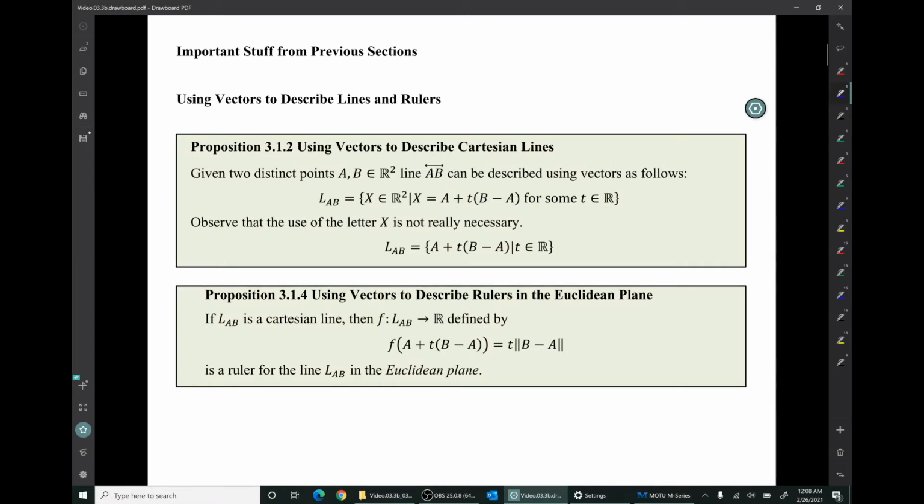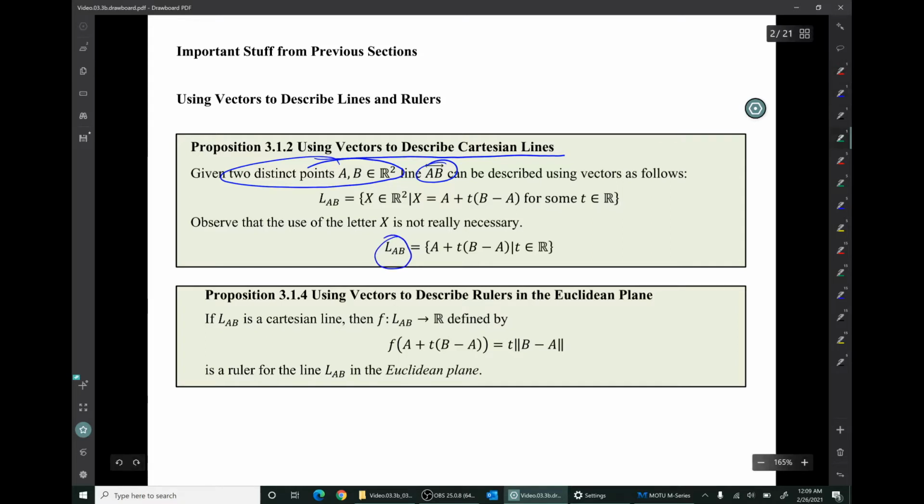Let's recall some important stuff from previous sections. We discussed in section 3.1 using vectors to describe Cartesian lines. Given 2 distinct points, A and B, in R2, line AB can be described with vectors as follows. Line AB is the set consisting of points corresponding to vectors constructed in the following way.